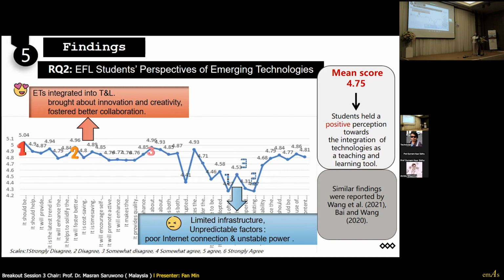We also notice that students regarded emerging technologies integrated into teaching and learning as bringing about innovation and creativity and fostering better collaboration. On the other hand, students mentioned they still meet some challenges, such as limited infrastructure and unpredictable factors like poor internet connection and unstable power.